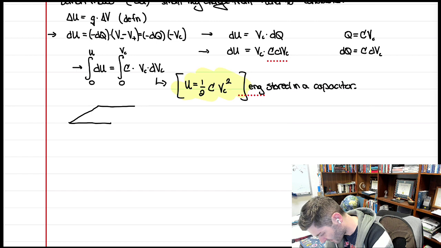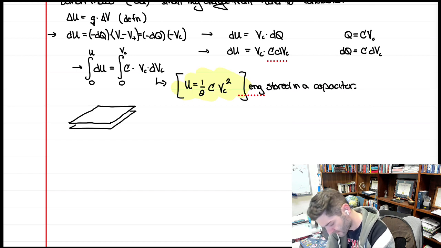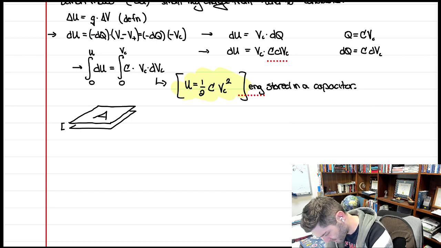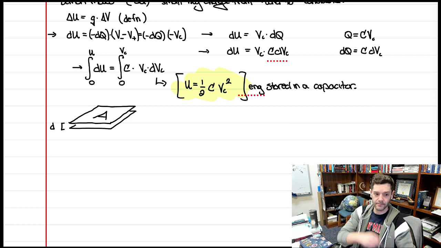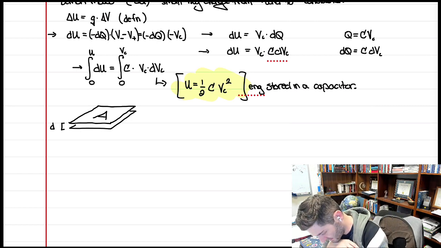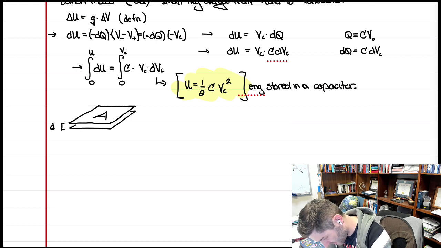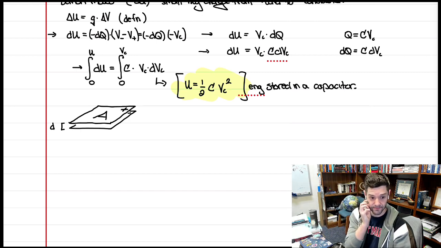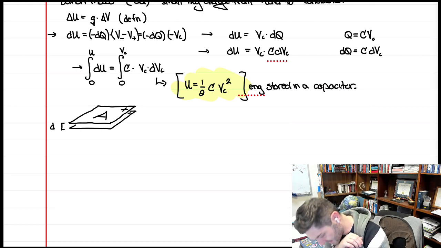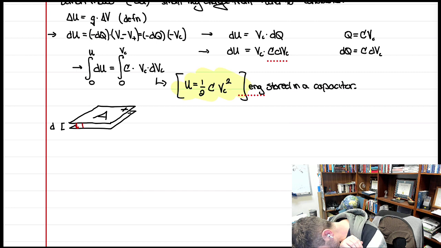Let's just have air or vacuum, but have two conducting plates that each of them have some area A, and they're separated by some small distance D, and then they are established either by a demon or something else that there's one that has some sort of positive charge and then one that has some sort of negative charge. So then as a result, there is an electric field that is established in between the two plates.